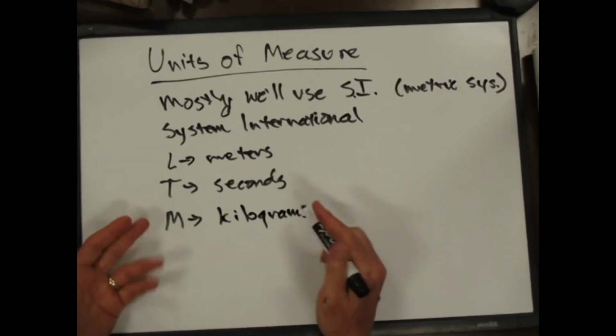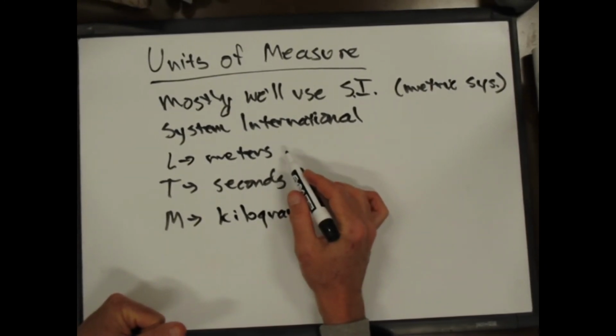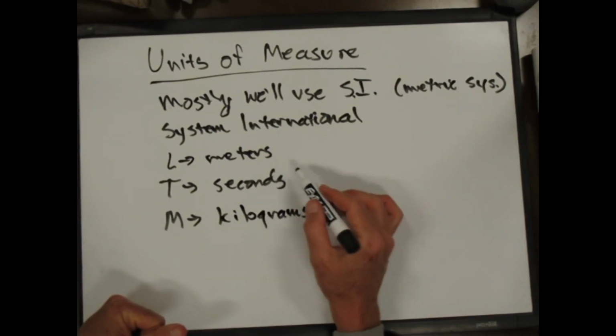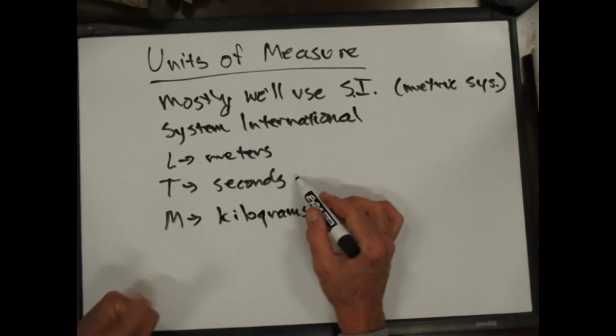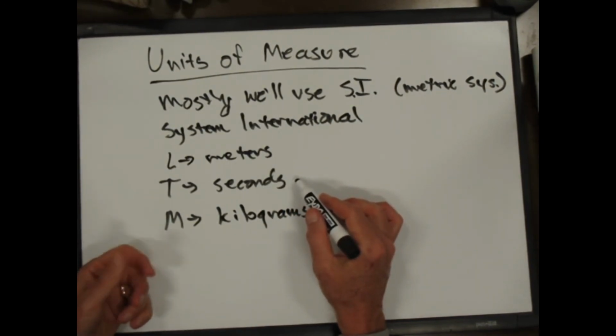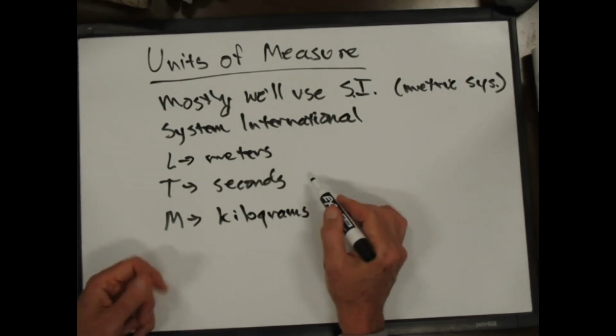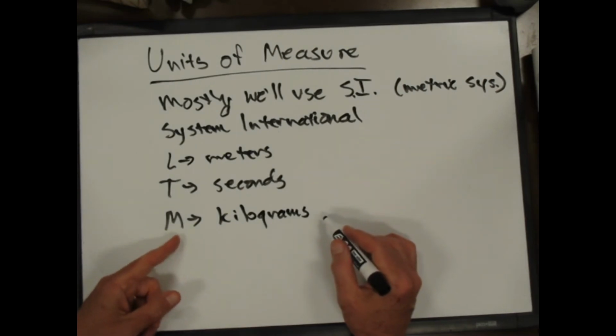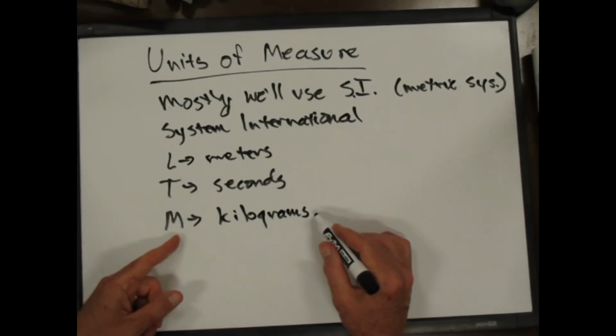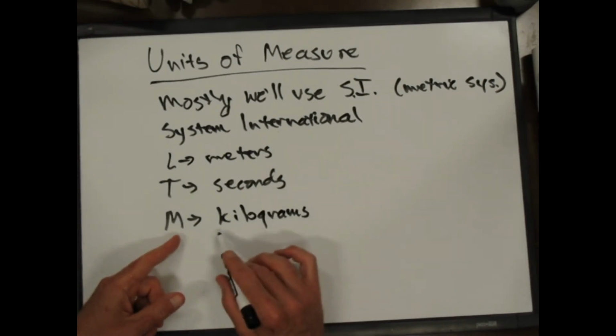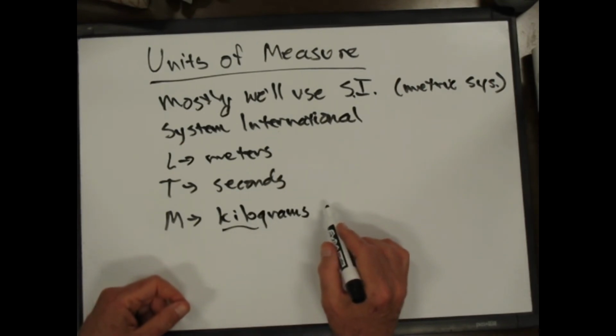There are English versions of these. We can use inches or feet or miles for length. We can use minutes. Well, we both use seconds, but this could be measured in minutes or hours or weeks or months or years, and we'll do some of that. You can use things besides kilograms. First of all, you can use grams, the prefixes we'll get to in a little bit.